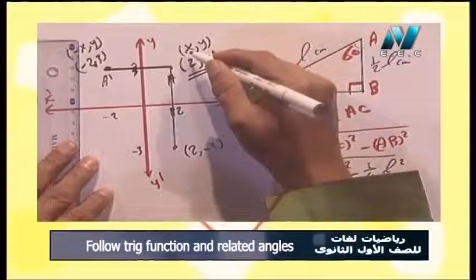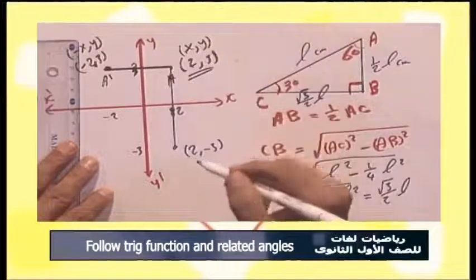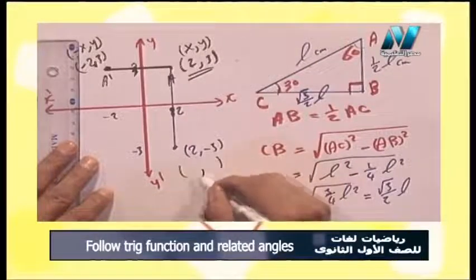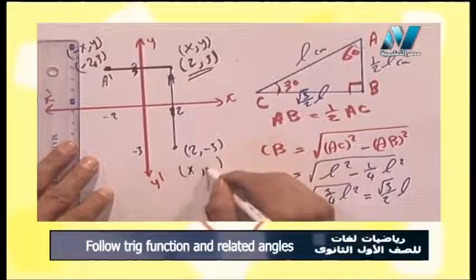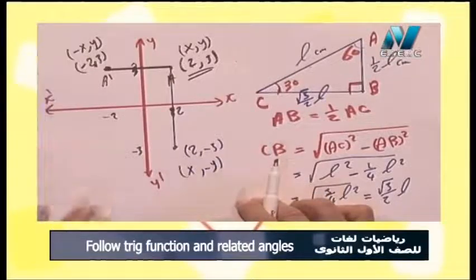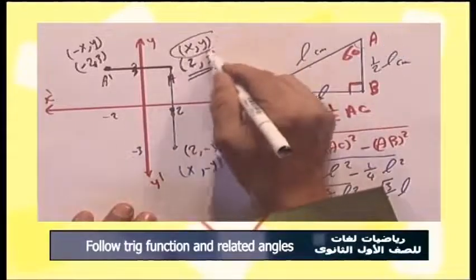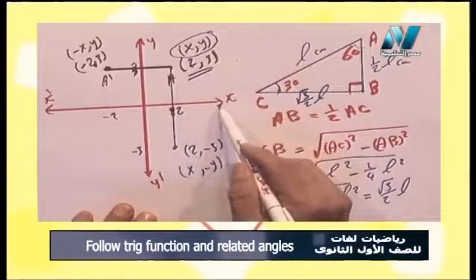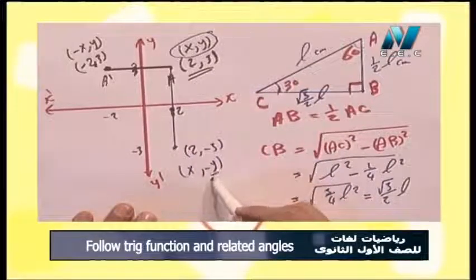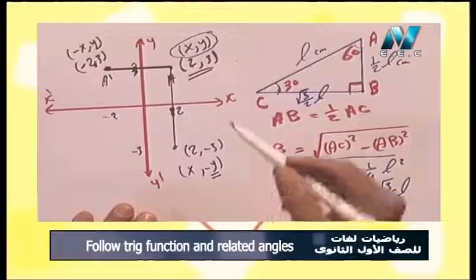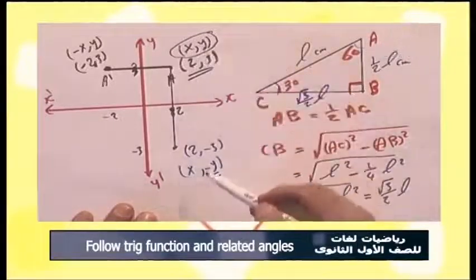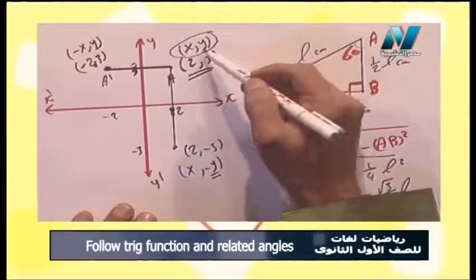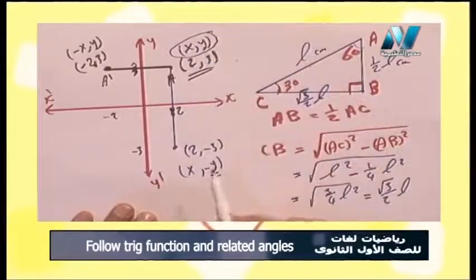And if its name is x and y, then this point will be x and negative y. So we deduce that if we want to find the image of this point by reflection in the x-axis, we will change only the y coordinate. If it is positive, it will be negative, and if it is negative, it will be positive.